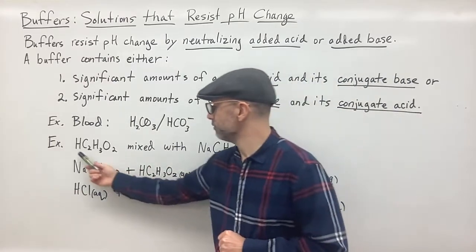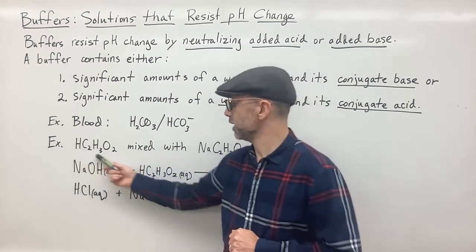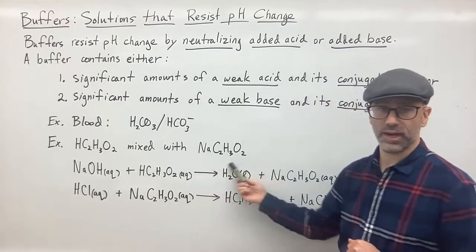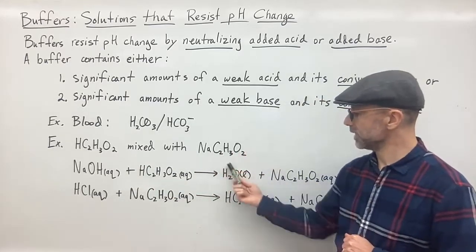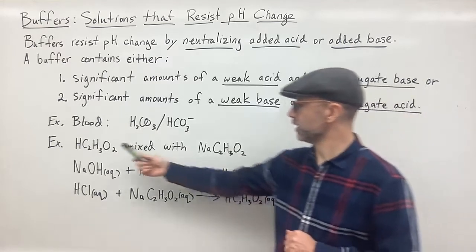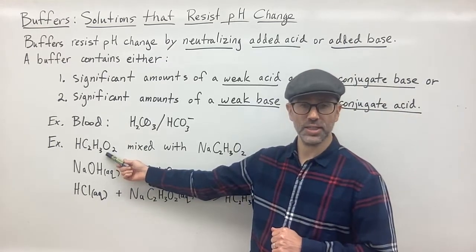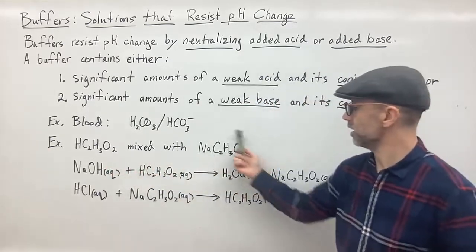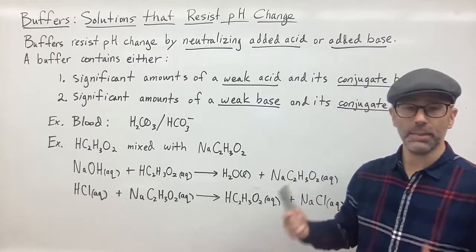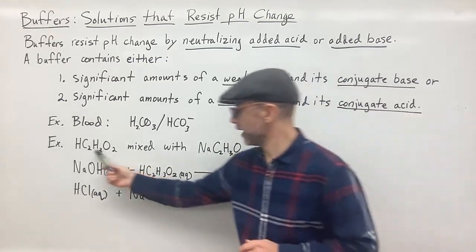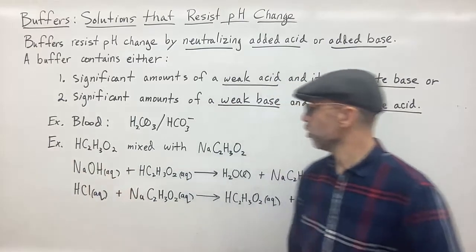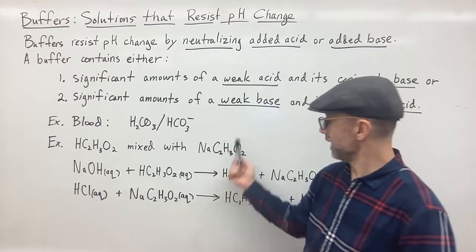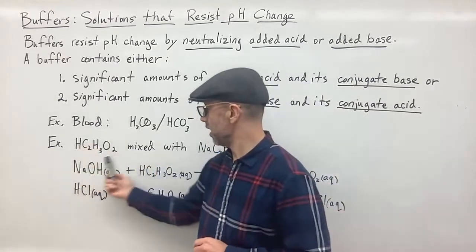Another one would be if I took a significant amount of acetic acid and mixed that with sodium acetate. The acetate ion is the conjugate base of the weak acid, acetic acid. So with this mixture, what happens when I add some base? If I add a strong base like NaOH, in this mixture I have sodium acetate, the acetate ion, and the acetic acid.